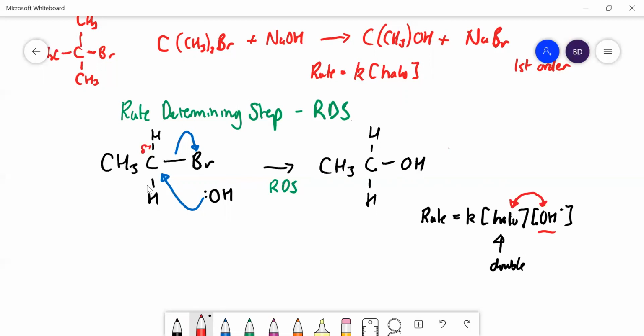And very often, you can tell what the rate determining step is because the two species in the rate determining step will appear in the rate equation. Let's have a look at the tertiary haloalkane.